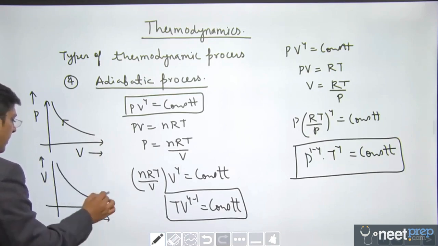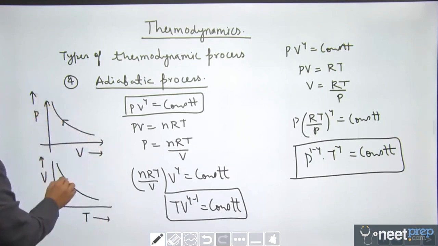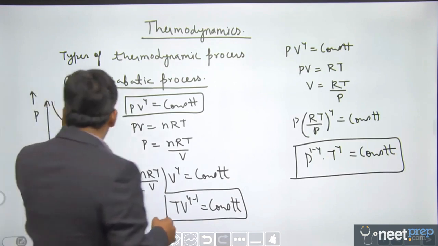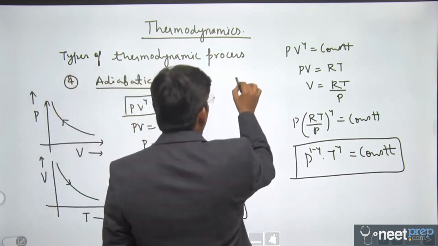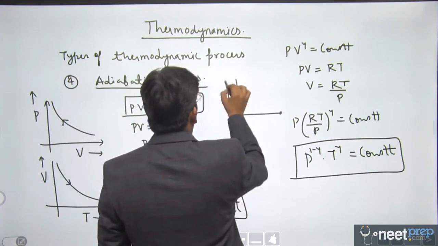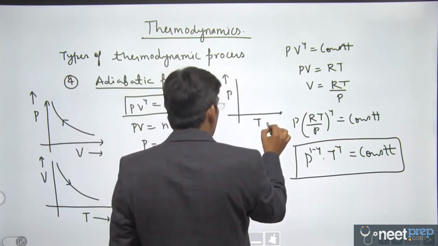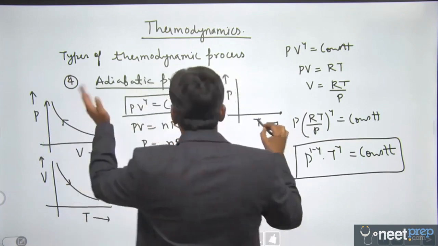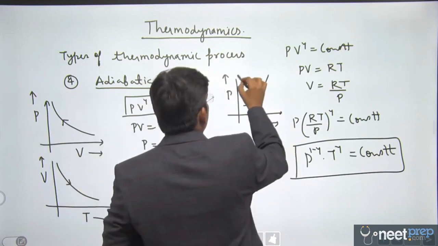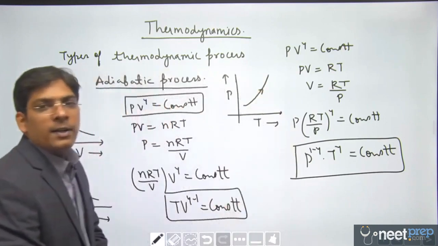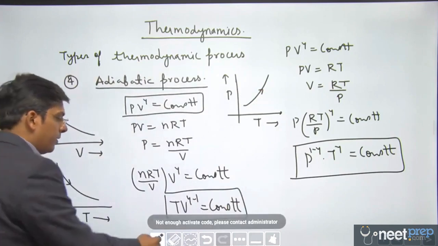This is again the VT graph, but when the pressure is increasing, volume has to decrease. So these are the corresponding PV and VT graphs, and we expect the PT graph to be like this. Since the temperature was increasing and pressure was increasing, both pressure and temperature should increase in the PT graph, right, dear students? Kindly note down, dear students.